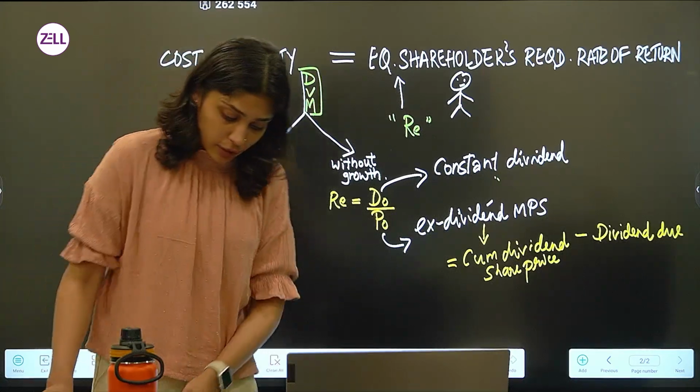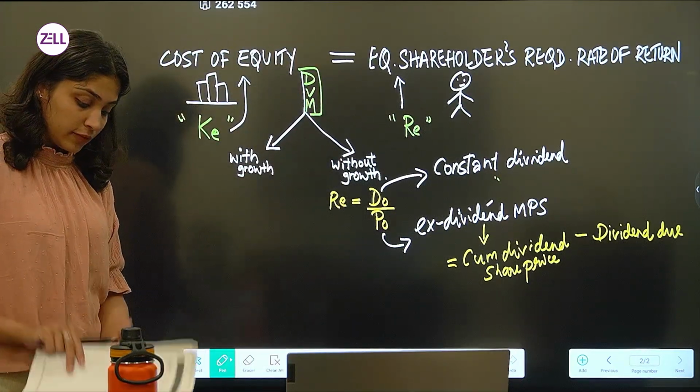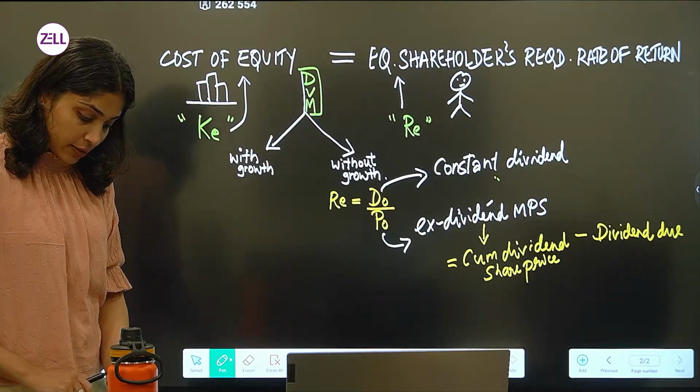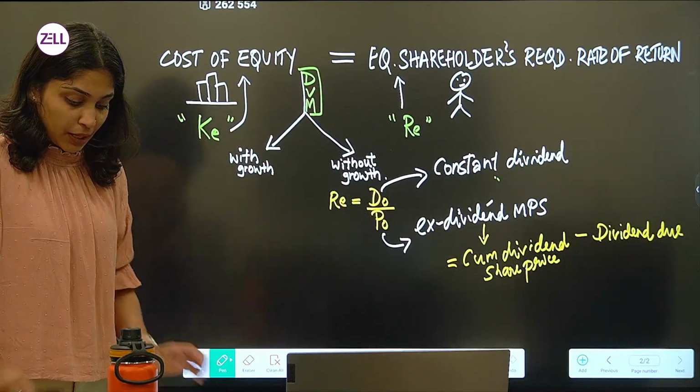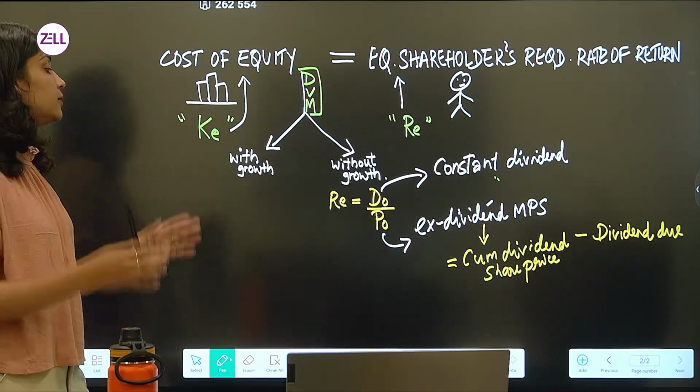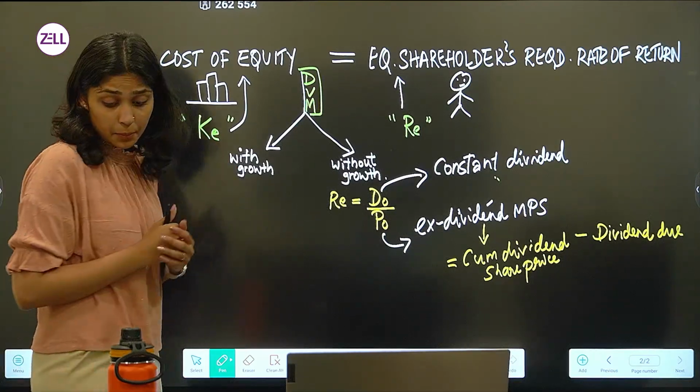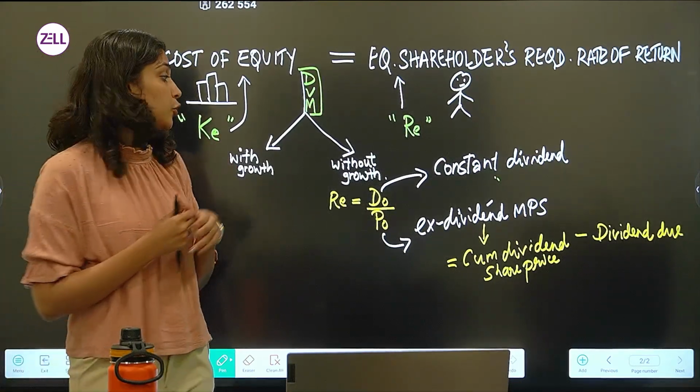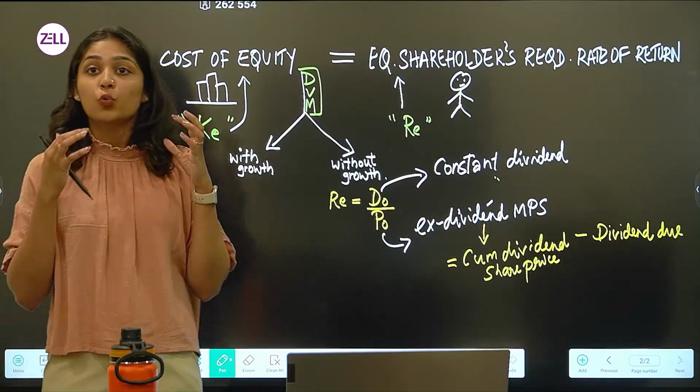On the other hand, we also have the formula which is very important, where we are going to talk about the dividend valuation model with growth. Okay, this is quite important. And how do you calculate your dividend valuation model with growth?